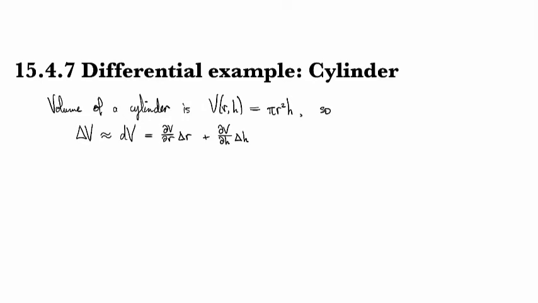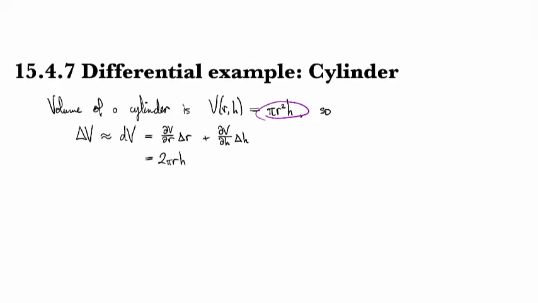And so let's see, if we do the partial derivative of V with respect to r, now we're differentiating this formula here with respect to r. So it's going to be 2 pi r h times dr.